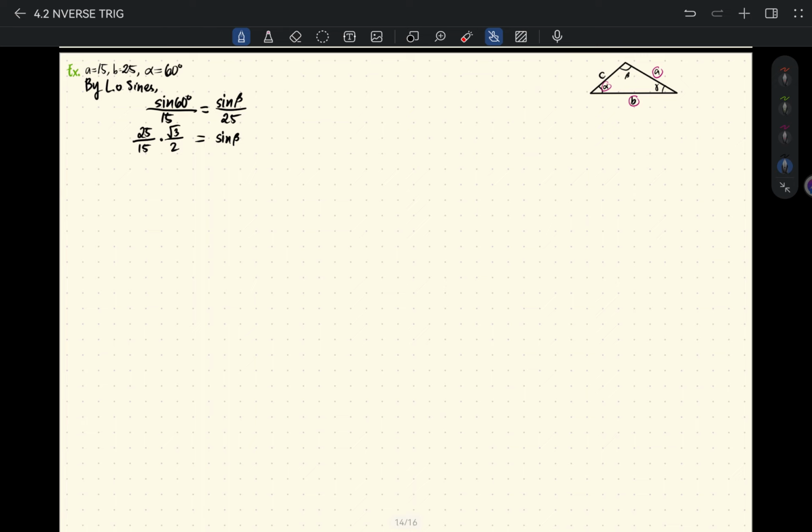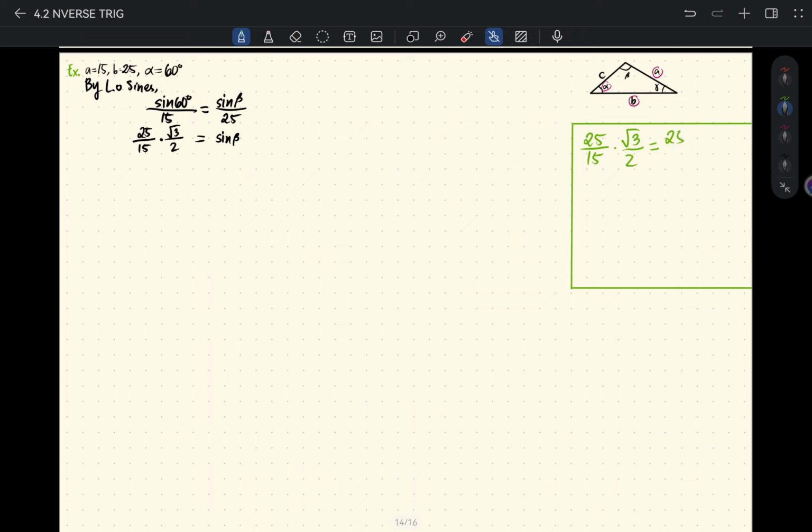Let's see what's the value of this one. Let's work on it on the side. You can use a calculator, but during the exam again, you don't have a calculator. So let's try and see what will happen if you don't have a calculator with you. So let's work on it here. 25 over 15 times square root of 3 over 2.